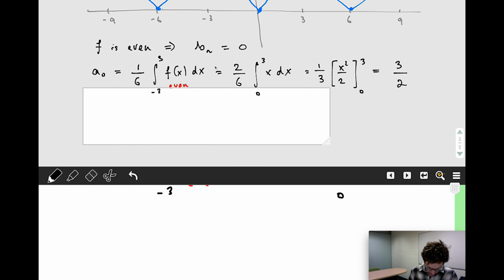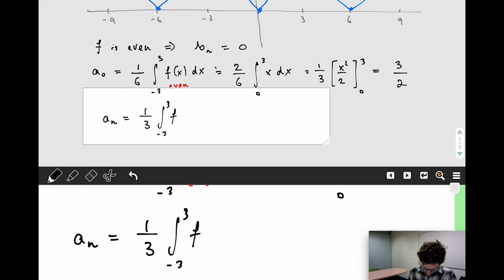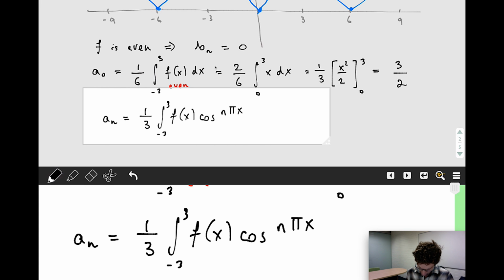Now the formula for an for a function with a half period of L equal to 3 is going to be 1 over 3 integral from minus 3 to 3 of f of x cosine, and we have to put in the correct formula here, so it's going to be n pi x divided by 3, all times dx.